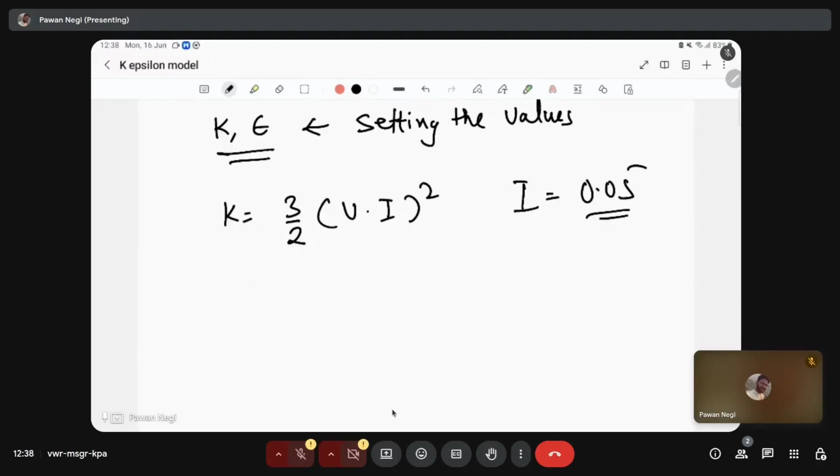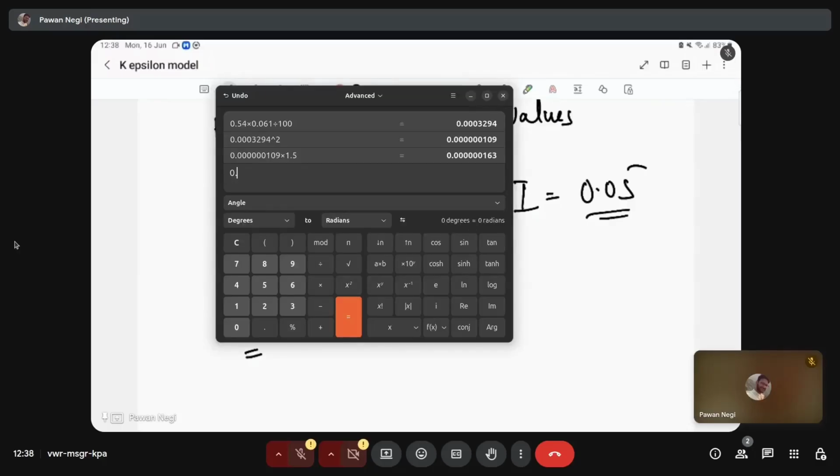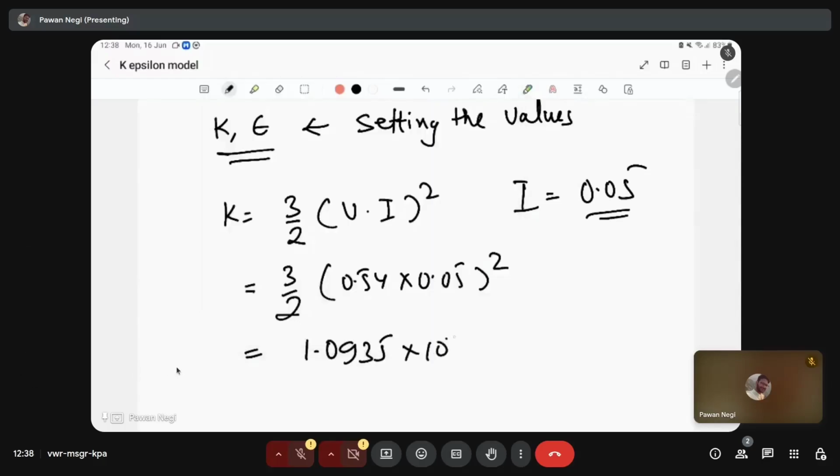So using this, let's calculate this for our case, which is 0.05 times 0.54 whole squared, and then this times 1.5, which is equal to 1.0935 times 10 to the minus 3.